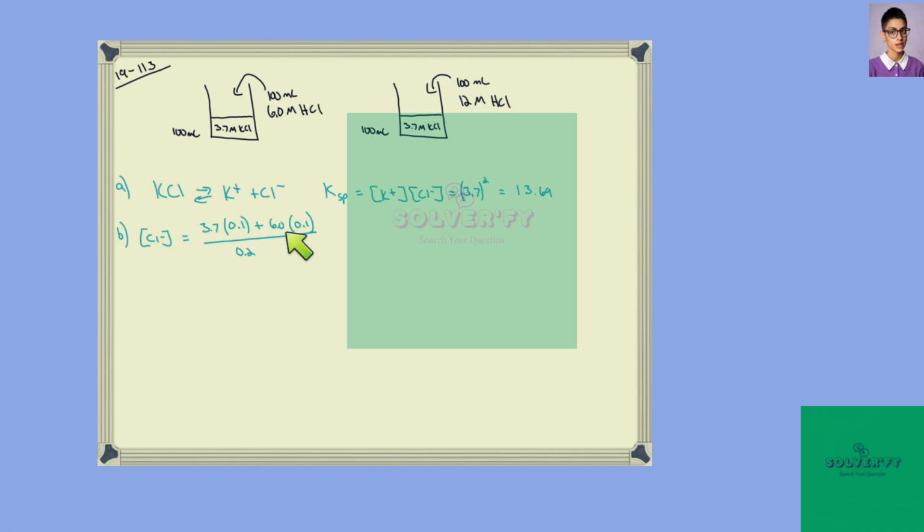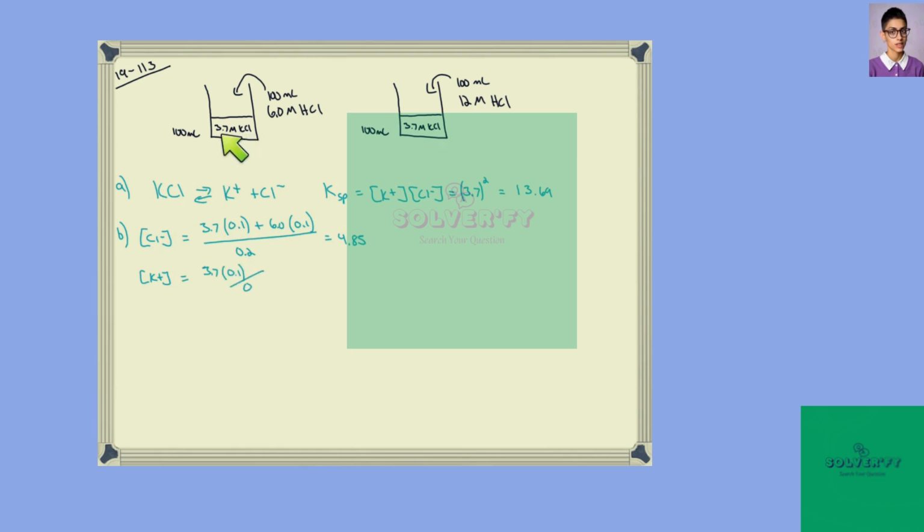So we multiply the molarity times the volume to get the additional moles. So this is the moles we had, this is the moles we added, this is the total moles of chloride we now have. We divide that by the new volume to get the new concentration. The new volume being 200 milliliters or 0.2 liters. We get 4.85 molar.